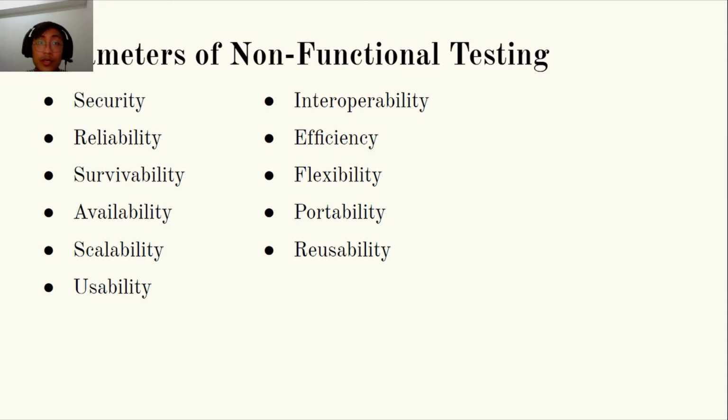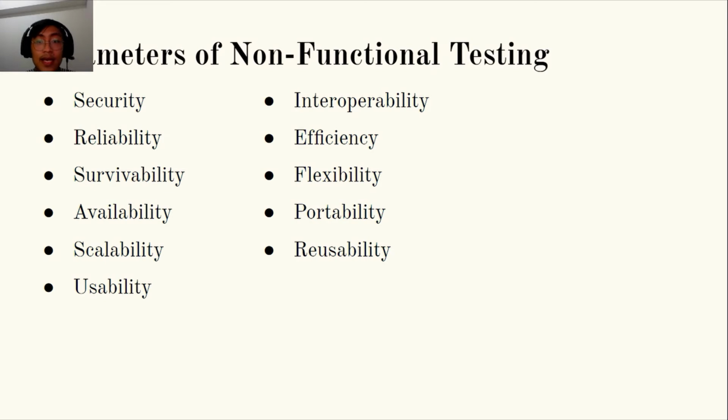It refers to the degree to which any software application can expand its processing capacity to meet an increased demand. This is tested by scalability testing. Next is usability. This is the degree of ease with which the user can learn, operate, and prepare the inputs and outputs through interaction with the system. This is checked by usability testing.